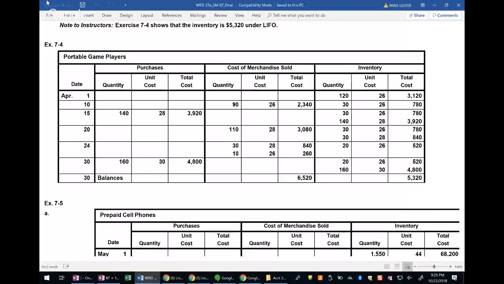All right, got to practice one, okay? So let's practice one at retail, if I can find it quick enough. Hopefully it's in the exercises. All right, so let's look at page 384.